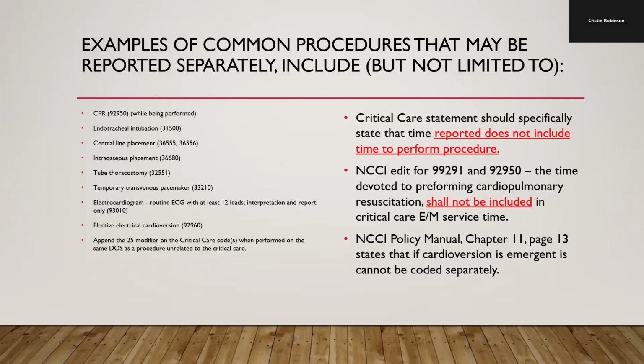And then I want to stop on this last one, an elective electrical cardioversion. This is code 92960, but I want to make a very clear distinction on this one as well. By definition, 92960 is for an elective electrical cardioversion.